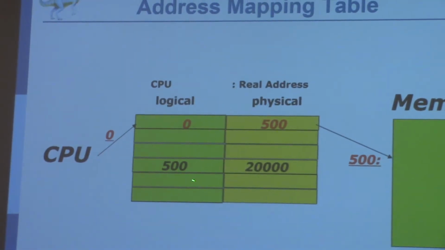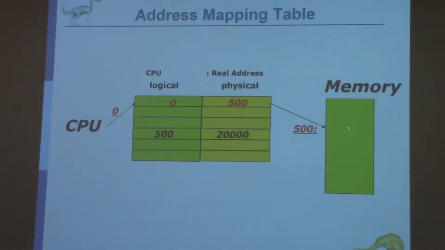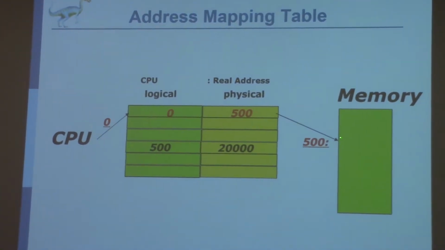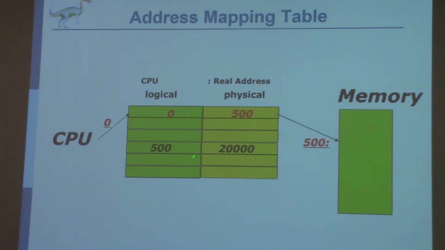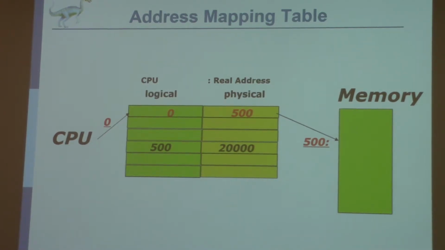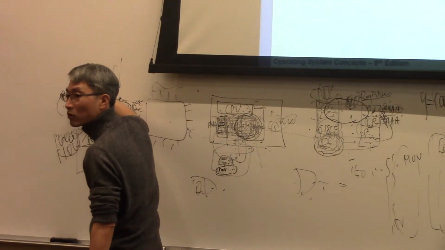So logical address 500 is the physical address 220,000. Okay? So this is a relative value for each process. For example, 100 of process 0 may be the physical address 1100. For this one, 100 is 100, it's starting from 0.